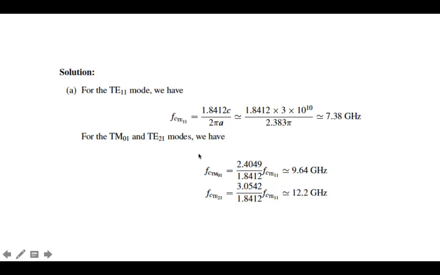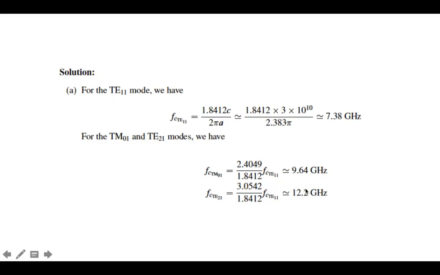We repeat the same thing for the TM01 and the TM21 by using the ratio. So here we have 2.4049 over 1.8412. That's approximately 9.64 gigahertz. The TE21 is approximately 12.2 gigahertz.